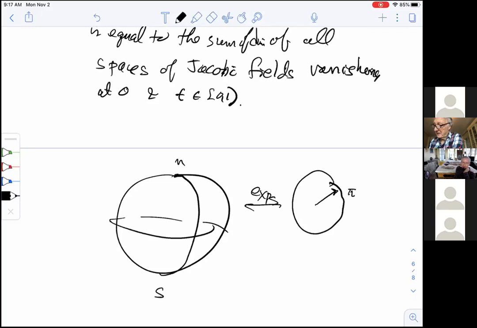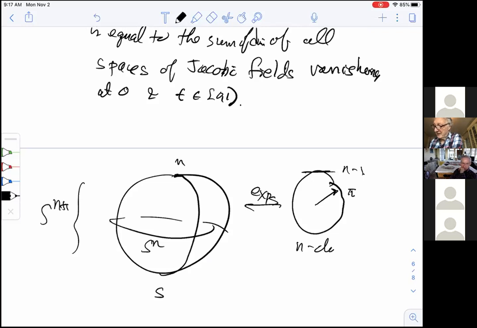Therefore, the kernel of the exponential map at any one of these geodesics is the tangent to that sphere and has dimension n minus 1. So the dimension of Jacobi fields that vanish at S and N is n minus 1. I'm sorry, n. This is S^n inside S^{n+1}.